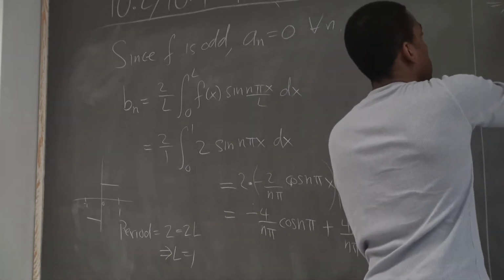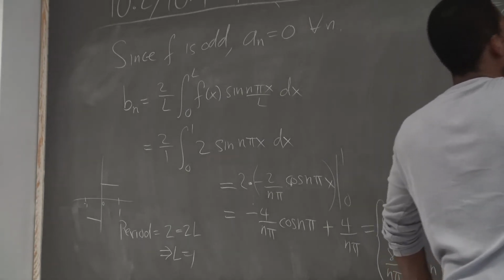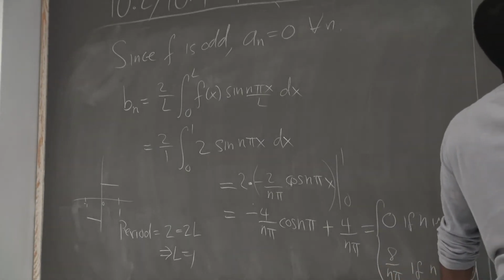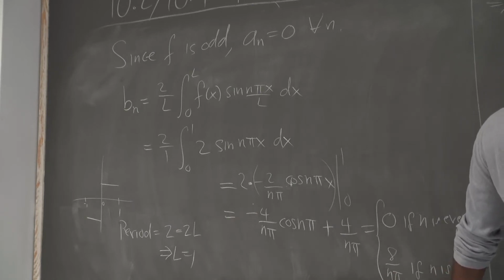This means f of x is equal to the series over all odd integers of 8 over n pi sine n pi x.